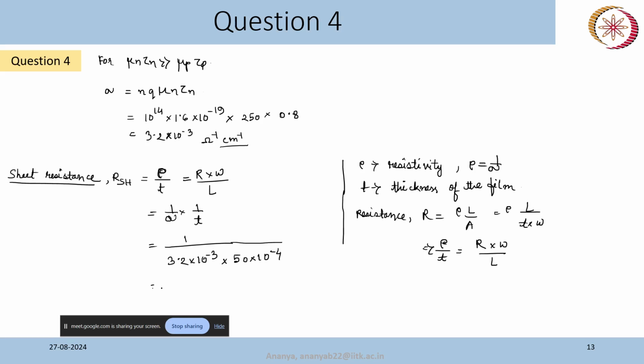So what will be this value? 3.2 into 10 to the power minus 3 into 50 into 10 to the power minus 4, and this is 1 by this.